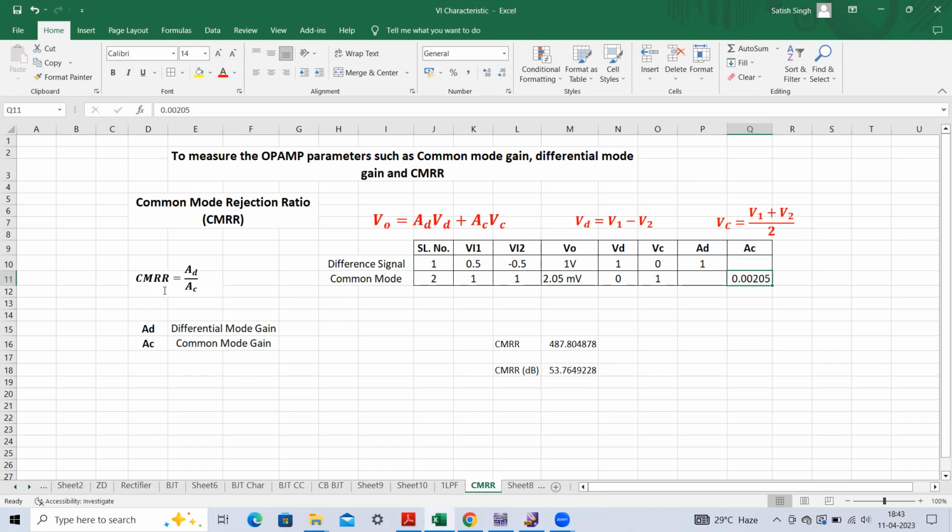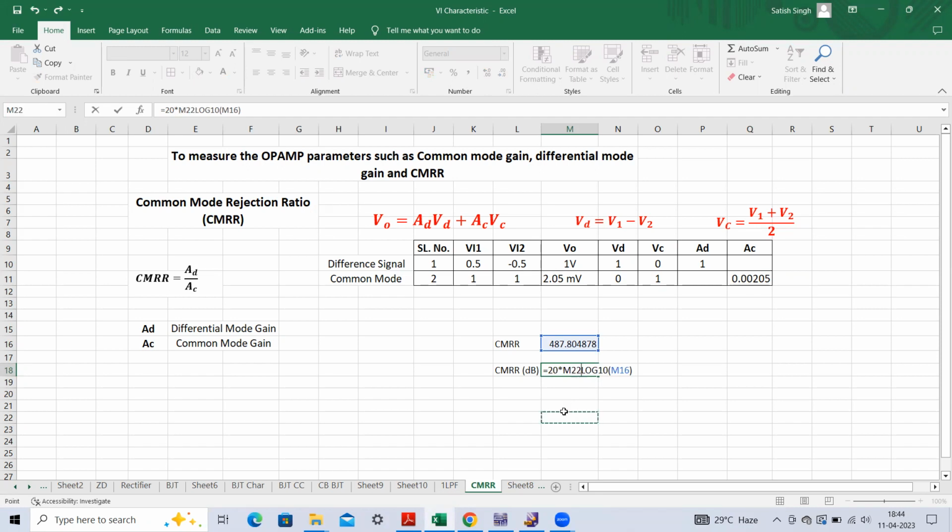Now I can follow this particular formula to find the CMRR. It is AD by AC. If you calculate this ratio, AD by AC, this is 1 and this is your AC, you will get the CMRR absolute value equal to 487.8048. And now you can calculate the same CMRR in dB. Okay, so I have calculated the same in dB.